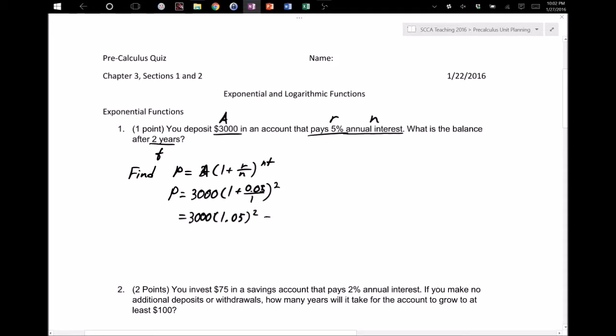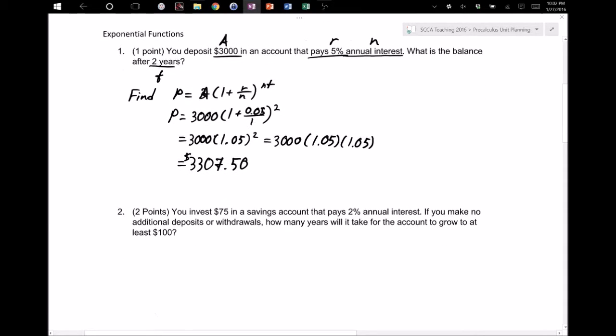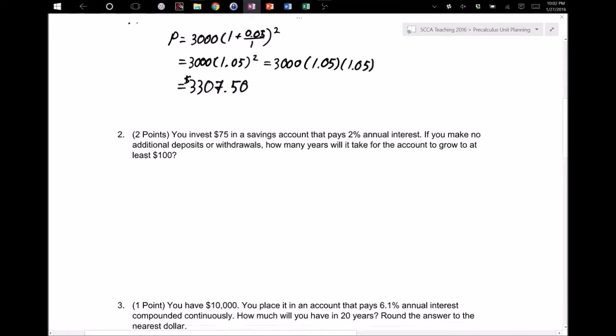Remember, it's squared, so that's the same as 3,000 times 1.05 times 1.05. It's not plus, it's times. So remember to do that. And then we end up with $3,307.50 after 2 years. 5% interest is outstanding. You will never find that anywhere with a bank account.